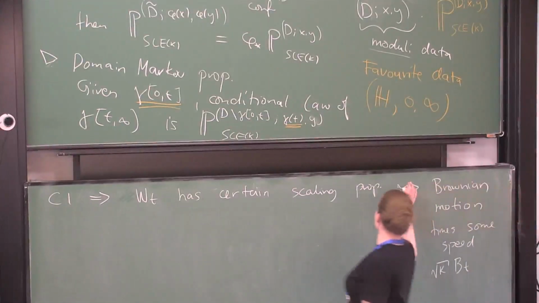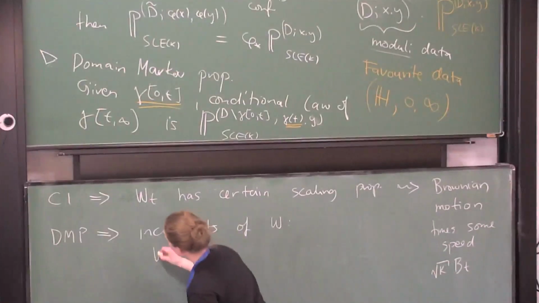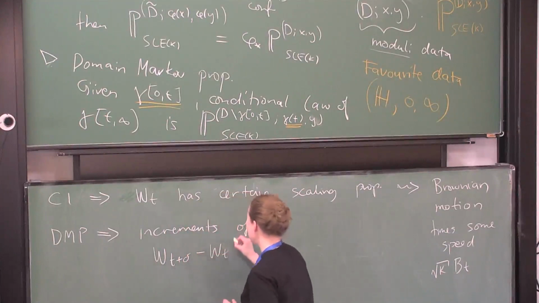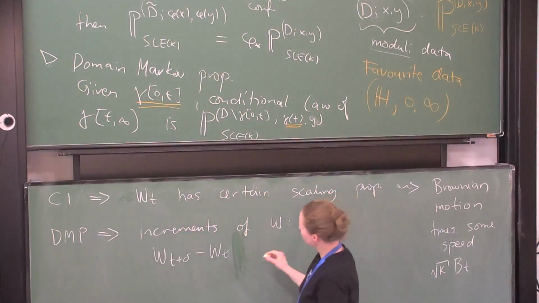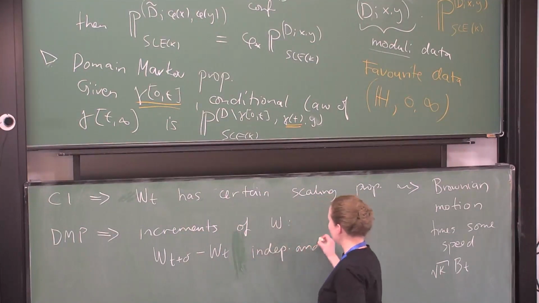So I should say maybe this also involves this other property, which is about increments of W. So what are they? This W_(t+delta), let's say. So how much does it change in time? This should be somehow independent and have the same distribution.